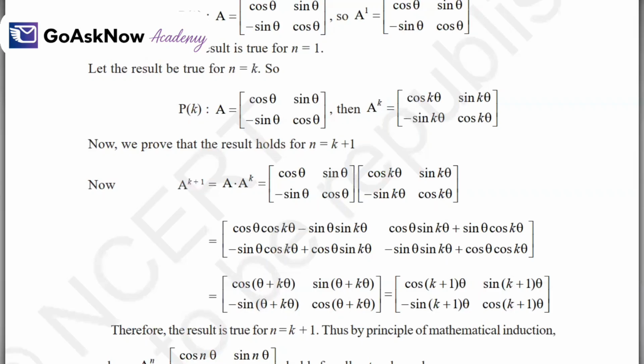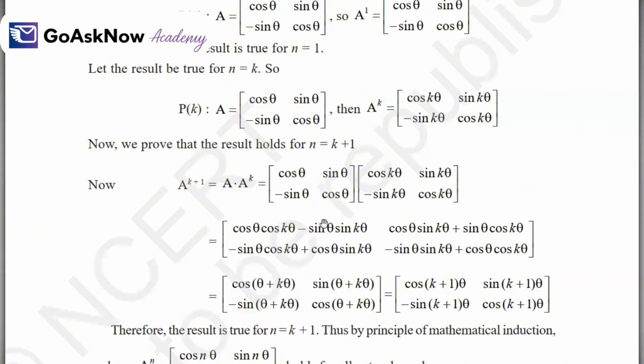Similarly, the third element is minus sin(θ plus kθ). And in the same way, cos(θ plus kθ) is the final element of this matrix.